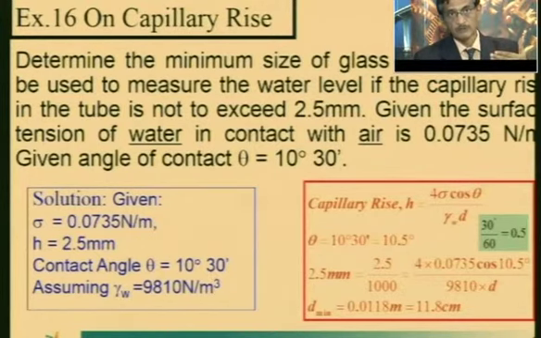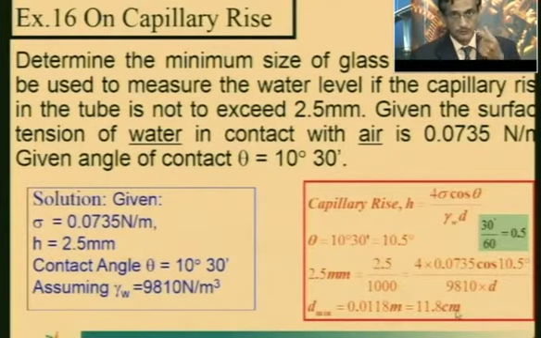The objective of the problem is to calculate the diameter for the capillary rise h. We write the formula as h = 4 sigma cos theta over gamma_W into D. Substitute the values one by one. 2.5 mm converted to meter, 2.5 divided by 1000, is equal to 4 into 0.0735 cosine of 10.5 degree divided by 9810 into D. This diameter, if you calculate, is coming around 11.8 centimeter.